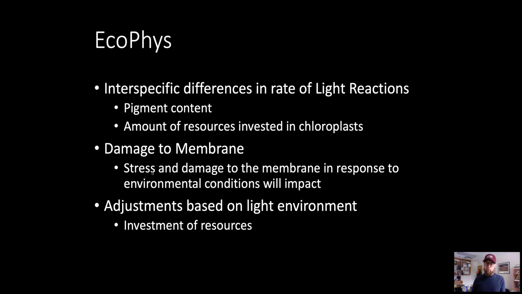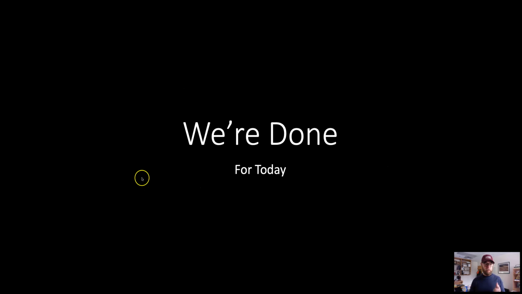And then adjustments based on the light environment. As the light environment changes, plants can acclimate to some degree to those changes, and that might cause some changes in the behavior of that plant over time. So those are some slightly bigger picture things that these light reactions relate to. All right, now we're done for today.